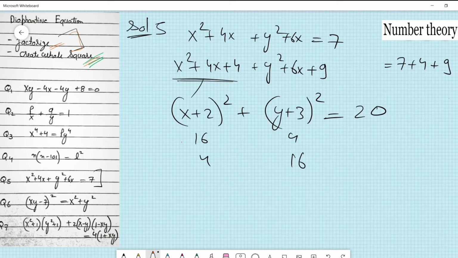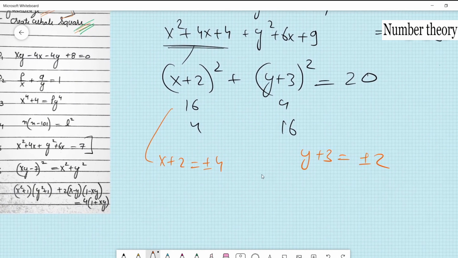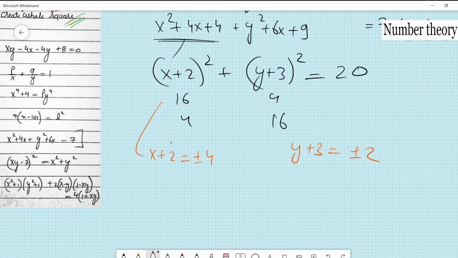So the first one gives us x plus 2 is plus minus 4, y plus 3 is plus minus 2. You see how we are getting this plus minus 4? This is 16. We take square root on both sides, and we get plus minus 4.